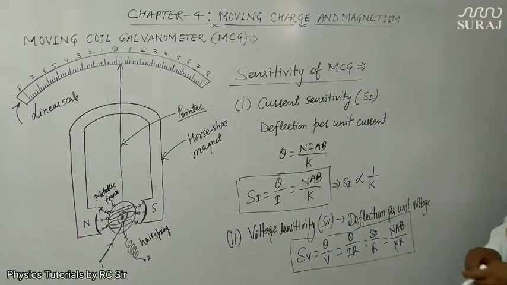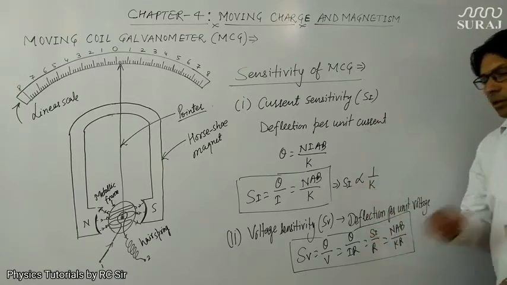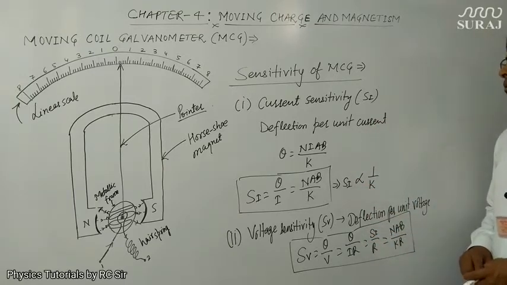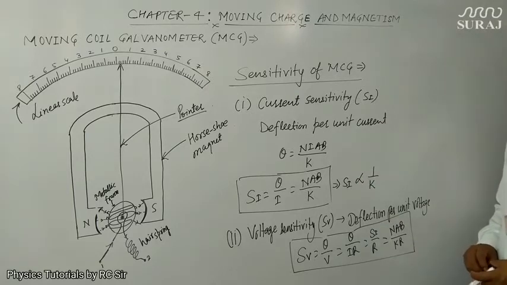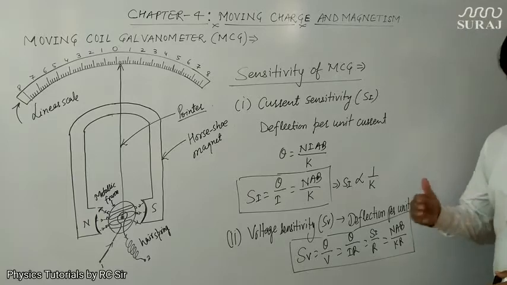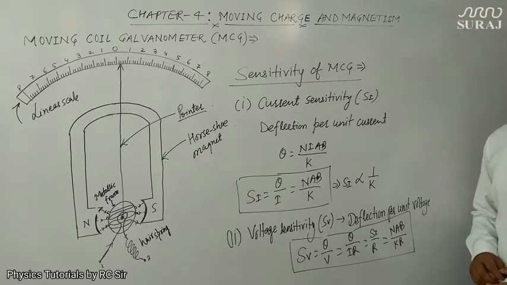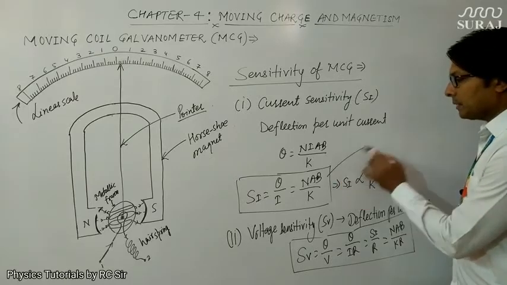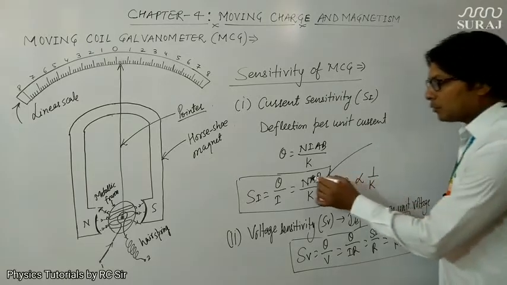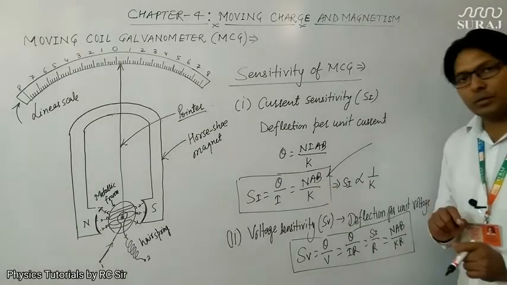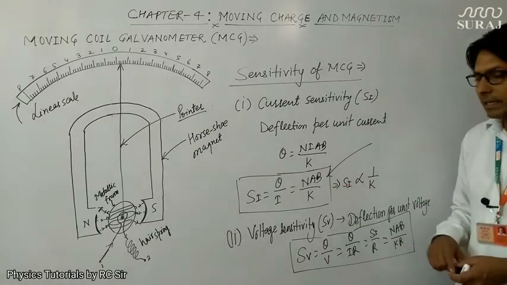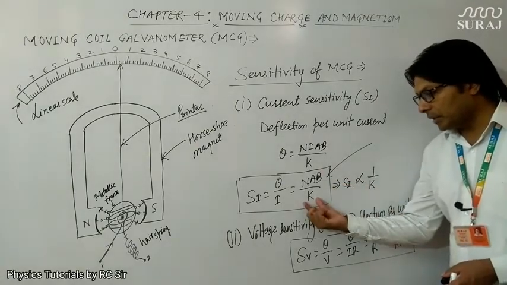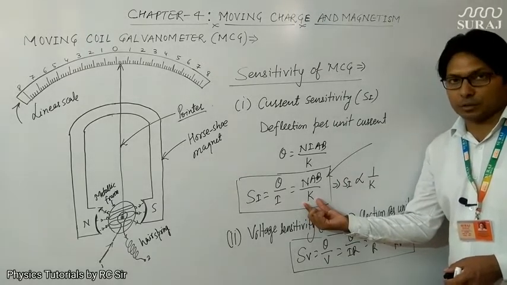So these are the formulas through which we can calculate the value of current sensitivity and voltage sensitivity. Now one more question which is asked frequently is how the sensitivity of a galvanometer can be increased. The sensitivity of galvanometer depends on the number of turns, the area of the loop, the magnetic field, and the value of K, which is the spring constant.